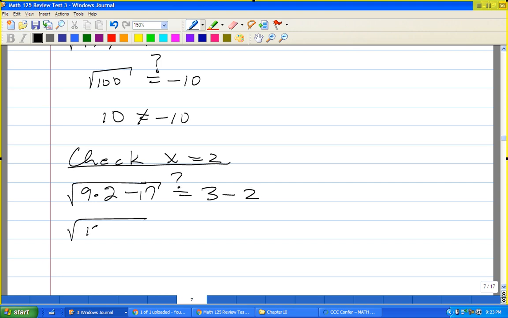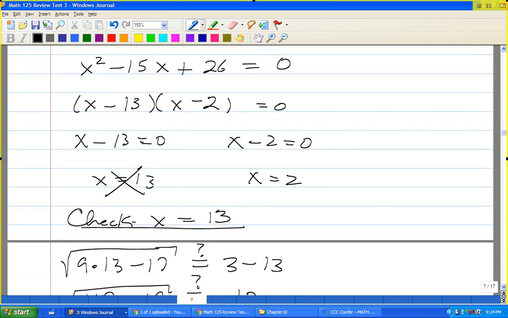Is the square root of 18 minus 17 equal to 1? Well, 18 minus 17 is 1, and indeed the square root of 1 is equal to 1. And so x equaling 2 is a solution. So in this case, you just have a unique solution, the unique solution being x is equal to 2.